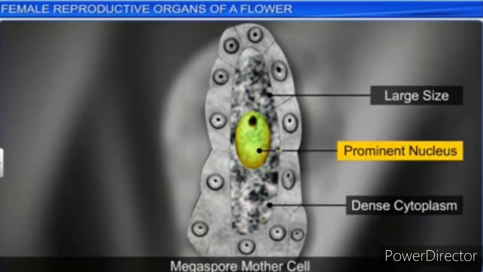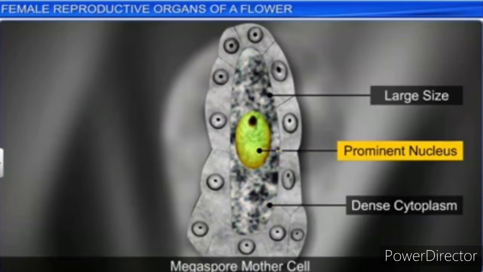First we are discussing the archesporial cells, a group of cells present in the nutritive tissue, the nucellus cells. They divide, forming a sporogenous mass of tissue, and the sporogenous cells develop into the megaspore mother cell.